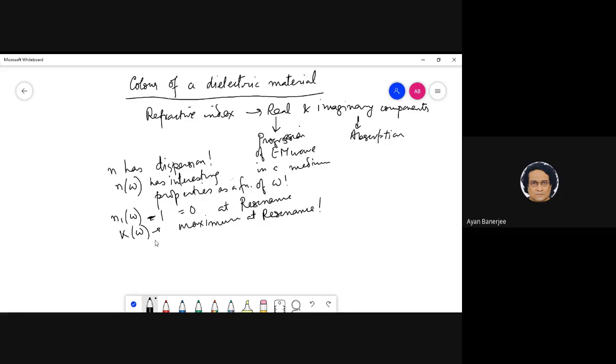Are you saying that if k is maximum, that is the absorption is maximum at some frequency, suppose I'm coming with 600 nanometer on a red dye, which means it's going to maximally absorb, then the reflectivity at that color will be minimal?